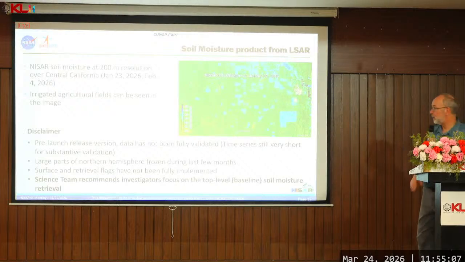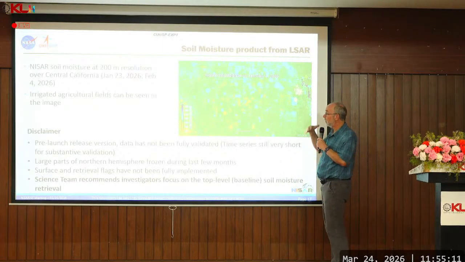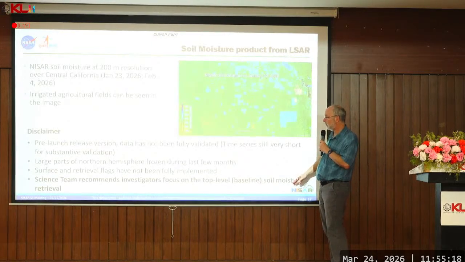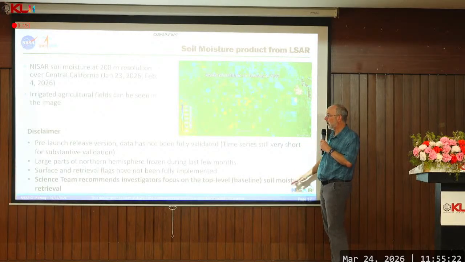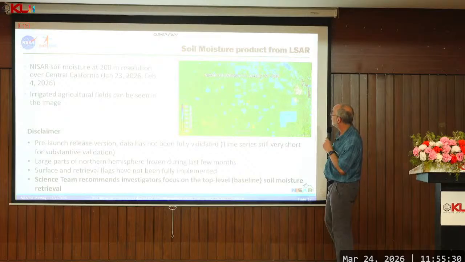The point here is that there are 3 layers in the product. The top level layer is the one they would like you to look at now while they're refining the algorithm. This is showing the soil moisture variability over time for this particular set of fields.